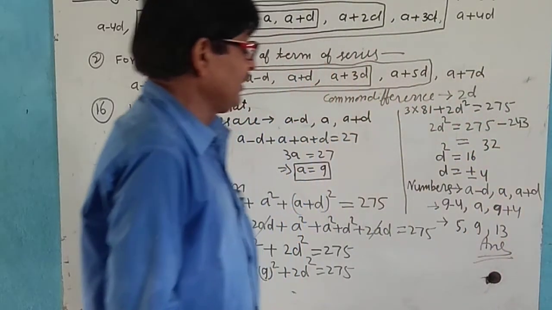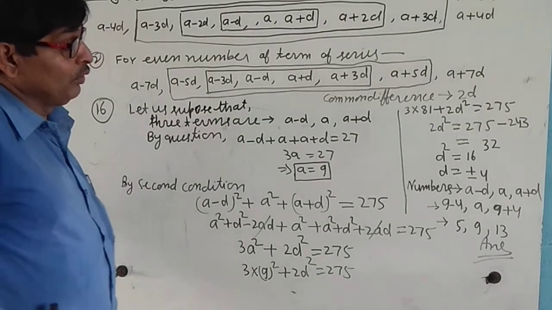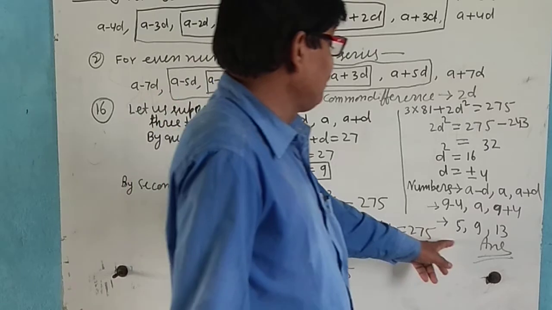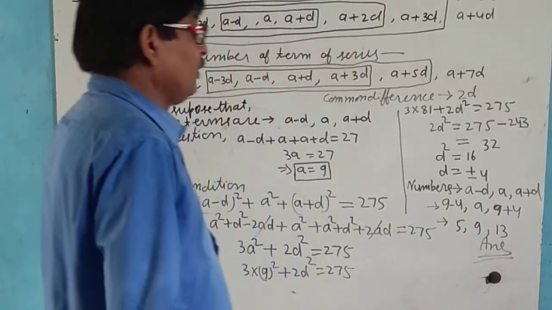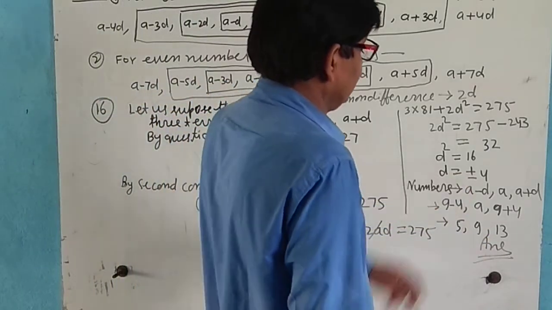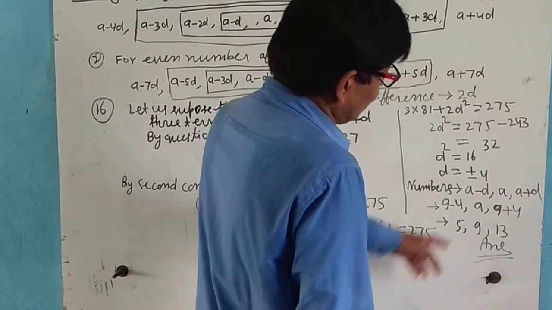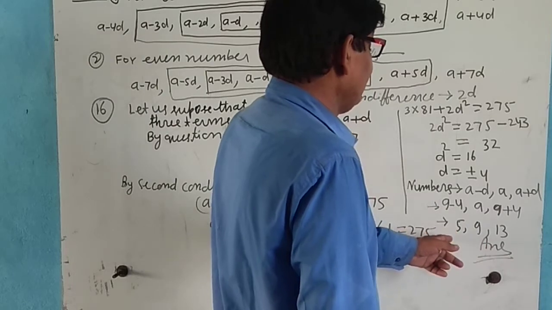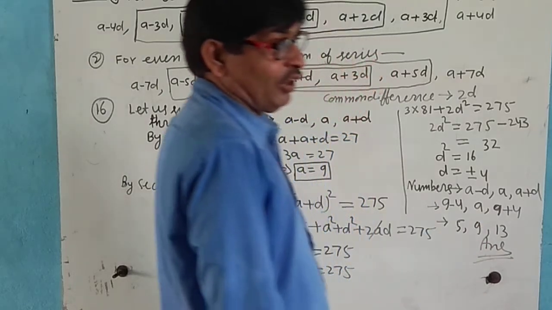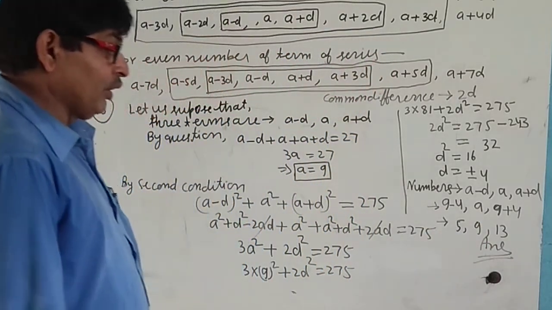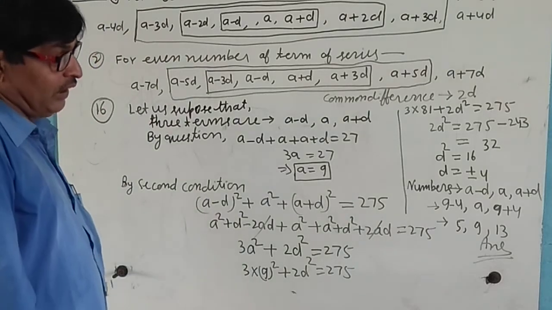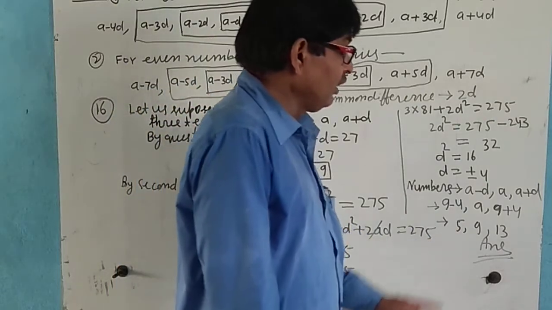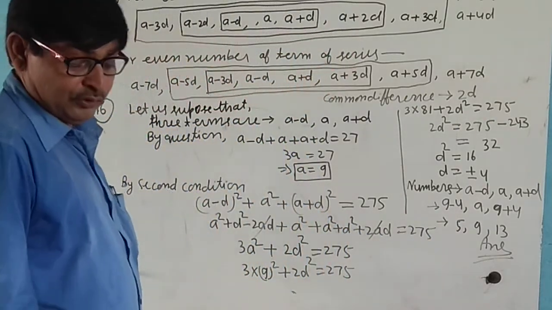The common difference of this is 4. Here 5, 9 and 13. If you take the negative sign, then these terms come as 13, 9 and 5. The terms are the same but their order changes. This is our required result.